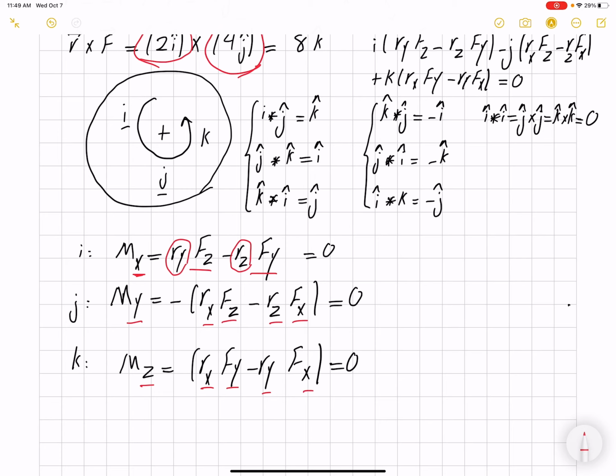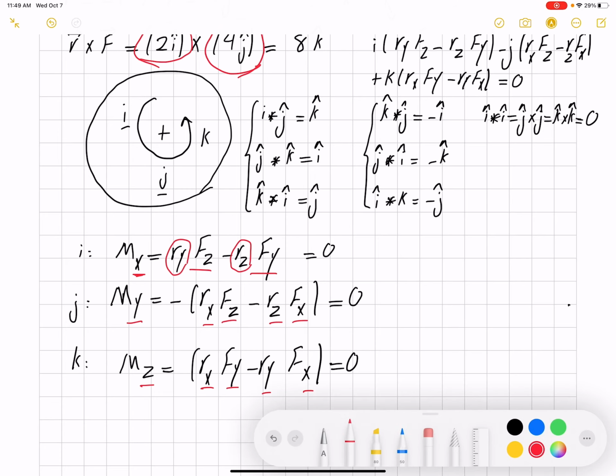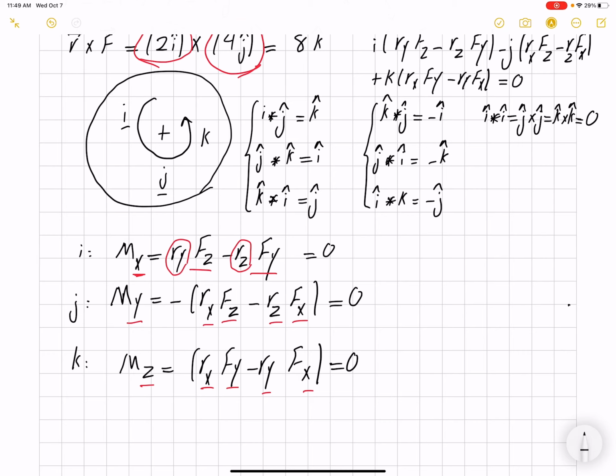So that means that in practice, if we have, let's say, this is our coordinate, x direction, y direction, and z direction. If we have a force that is parallel to my x direction, that would be fx. That force is not going to create a moment about the x-axis, because you don't see any fx in the definition here.